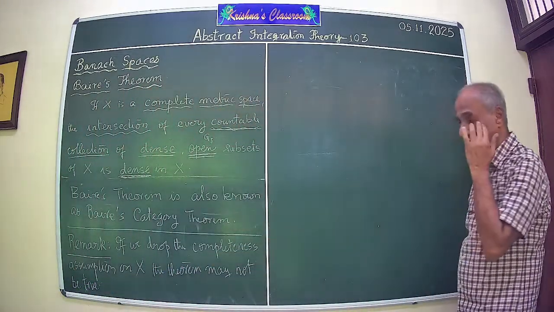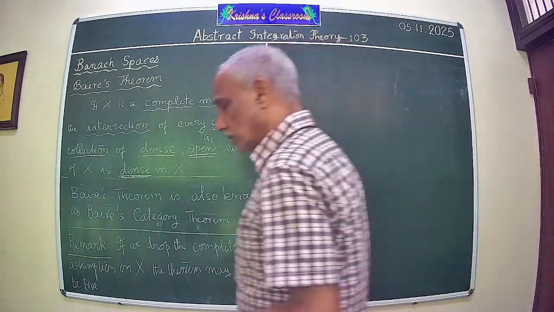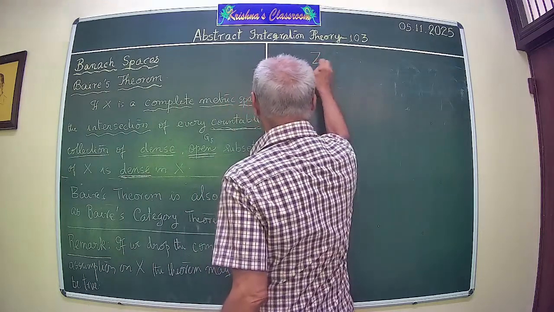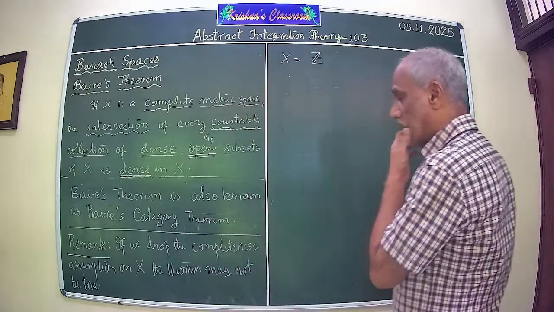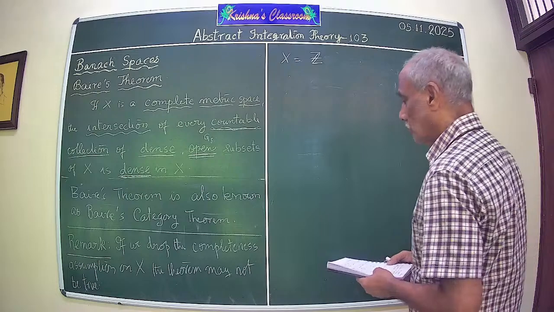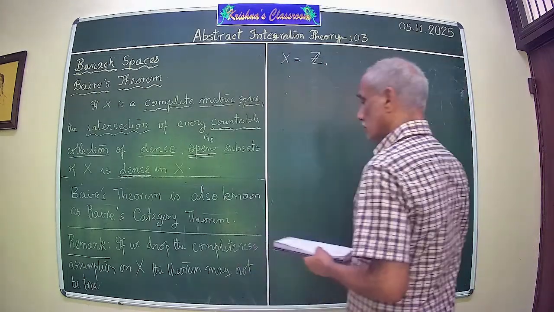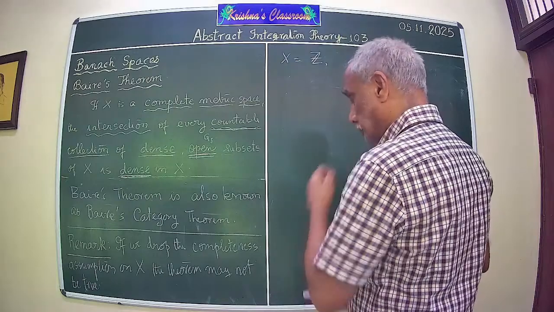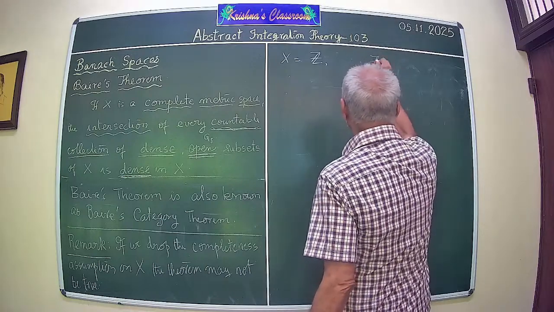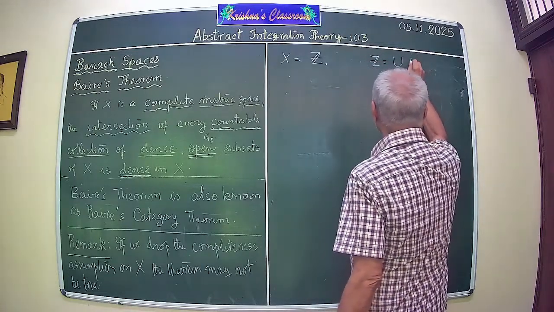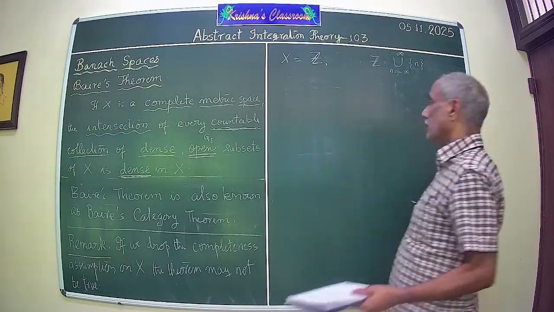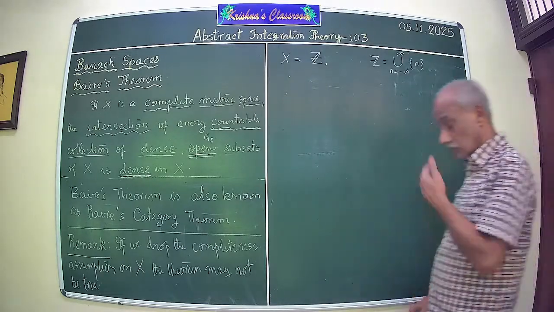Now it's quite easy to see. You take X to be the set of all integers, Z. And then you can write this as the union of singletons.